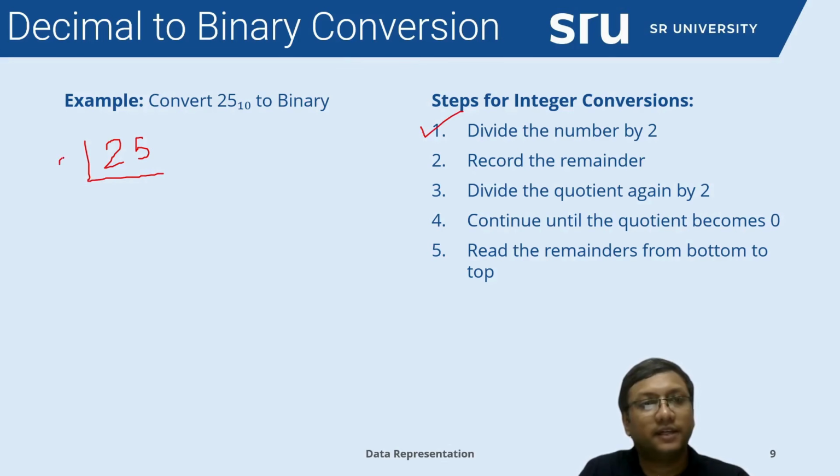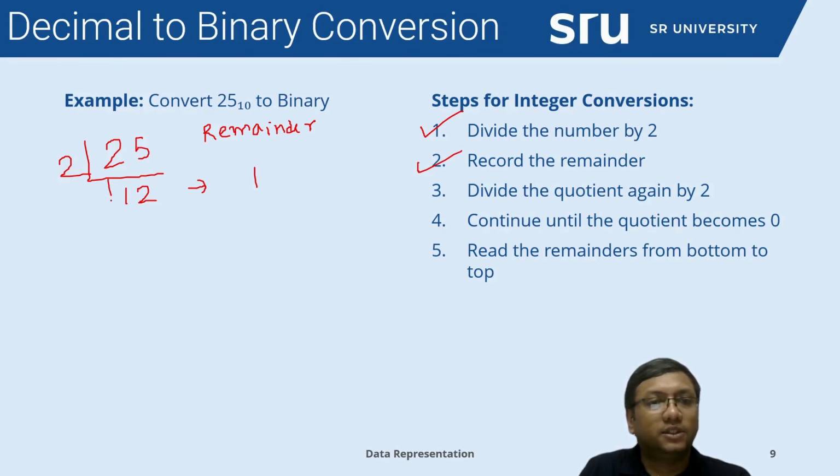So what will be the quotient? The quotient will be 12, and we will keep track of the remainders. In this step the remainder is 1. So the remainder is recorded. Then again I need to divide it by 2.